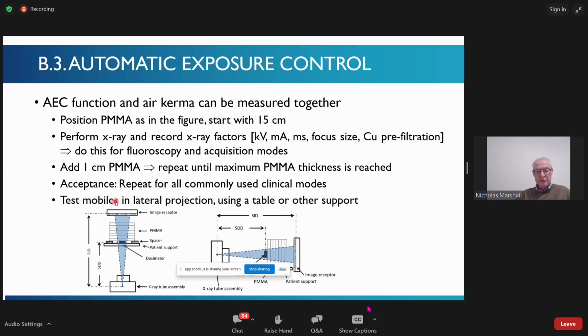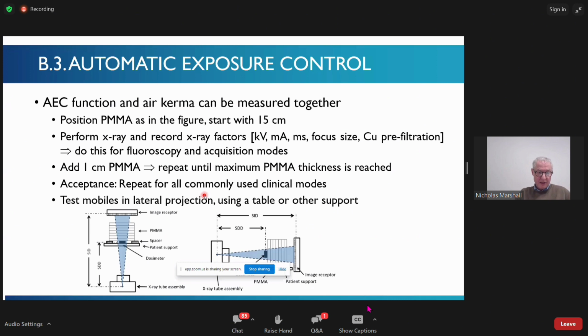Then do this for all the commonly used clinical modes for a standard field of view, like Annalisa suggested, so maybe 20, 25 centimeters, or even 40, 42 centimeters for large fields, like body DSA, for example.